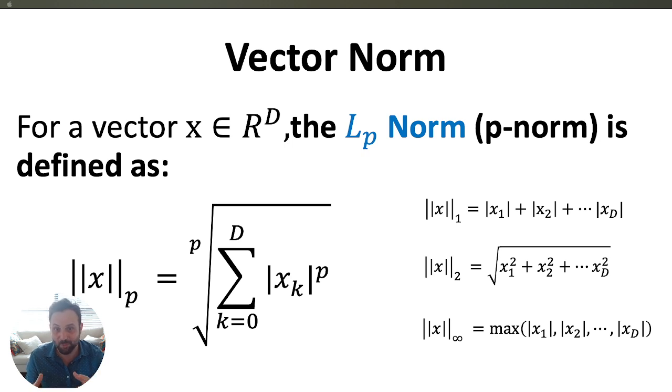If one of them is greater than another, when you take it to the infinity power, all of a sudden the greater one just suppresses the next one. This is what happens when you go to infinity. And when you take the root of that, what remains is only the maximum.